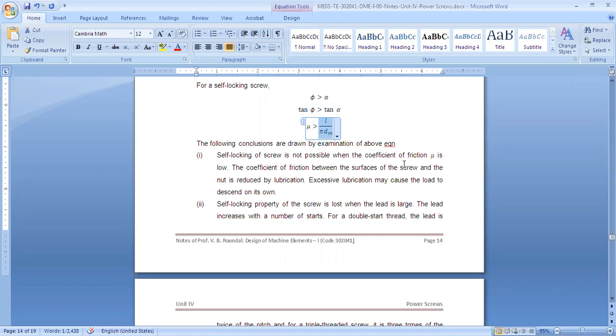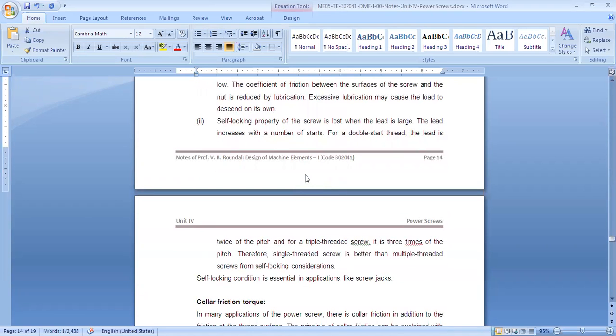So if L is large, as in multi-start threads, the self-locking equation will not remain valid because the right hand side becomes larger and the left hand side becomes smaller. So we generally do not use multi-start threads like double or triple start threads for self-locking screws.